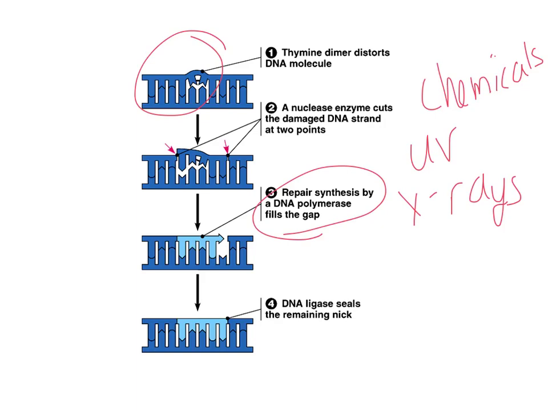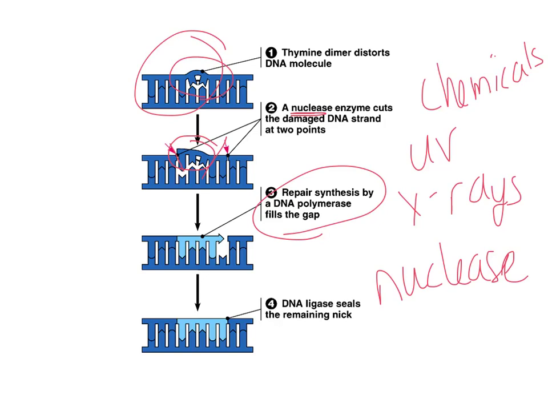You have another enzyme called nuclease. Nuclease is a repair enzyme that will come in and essentially cut out the broken part. You can see it here. Here's our damage. The nuclease comes in and cuts out the broken portion.